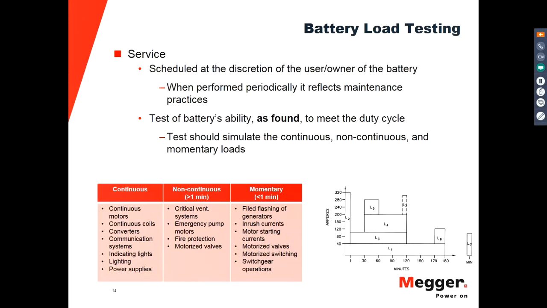The other two tests, the service test, is a test that is scheduled at the discretion of the user, of the owner. It's like an audit, a surprise audit on the battery. And that's the reason there's no schedule defined for these. It's a test that has to be performed in the as-found condition.